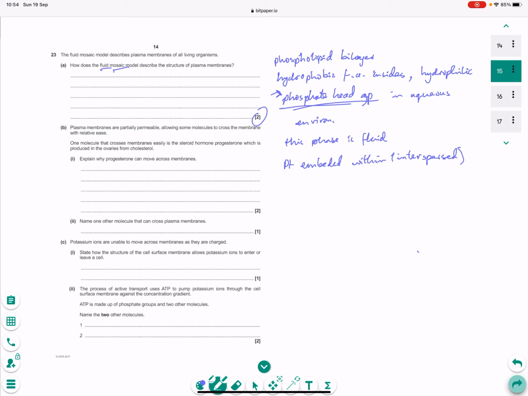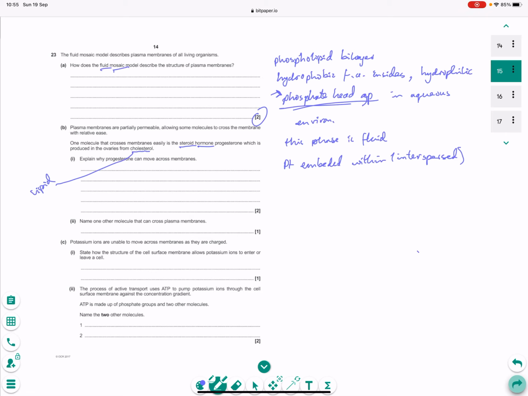Plasma membranes are partially permeable, allowing some molecules to cross the membrane. All this stuff is really standard for the AS. It's just applying it, really. With relative ease, one molecule that crosses membranes is the steroid hormone progesterone, which is produced in the ovaries from cholesterol. This is a lipid. So this is about being lipid soluble.